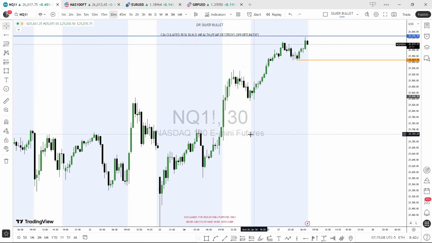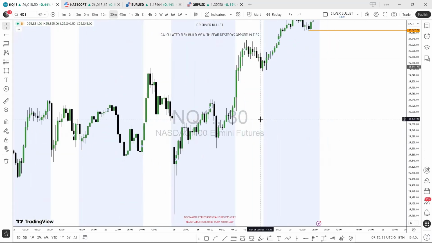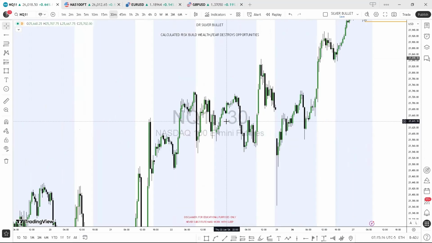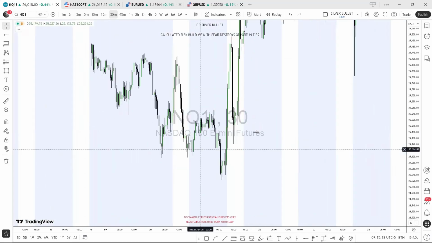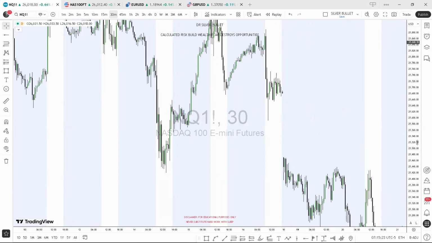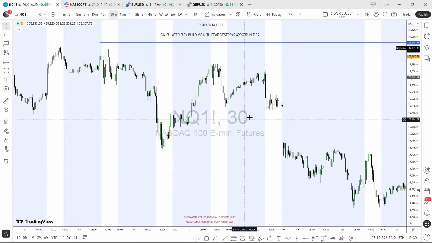Then you yourself must have an entry criteria targeting those areas, because those areas are very, very perfect and very good for you to take your entry. As you can see, these are relatively equal, so there is buy side liquidity which is resting above these lines. So these are some of the things that you must look at.